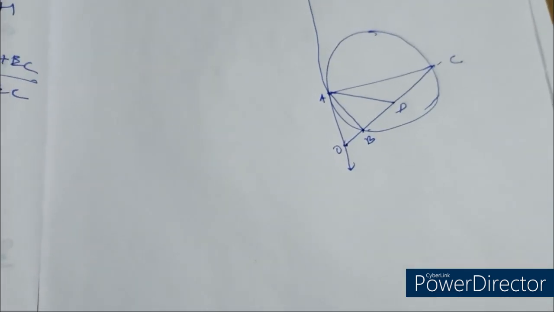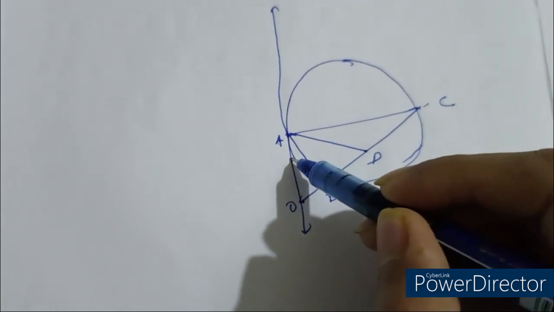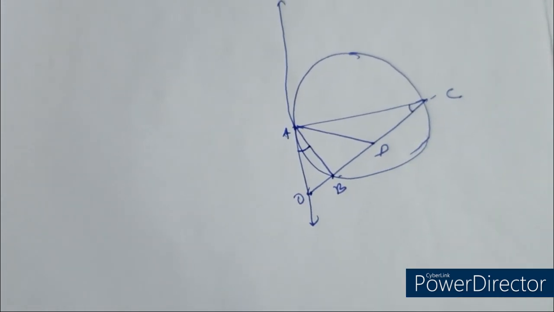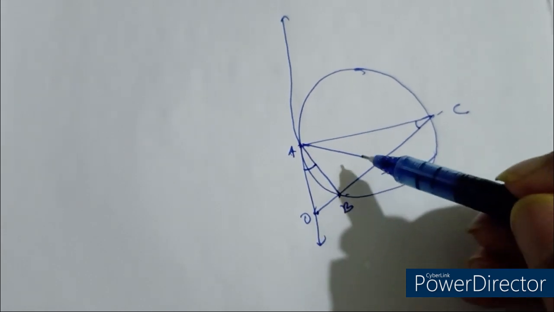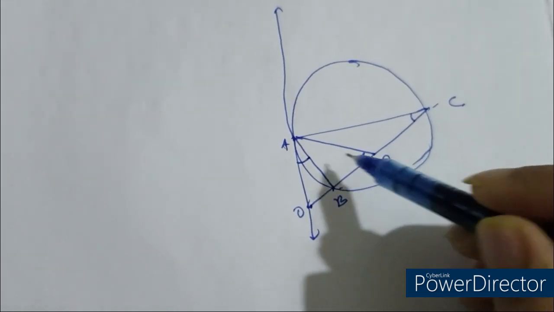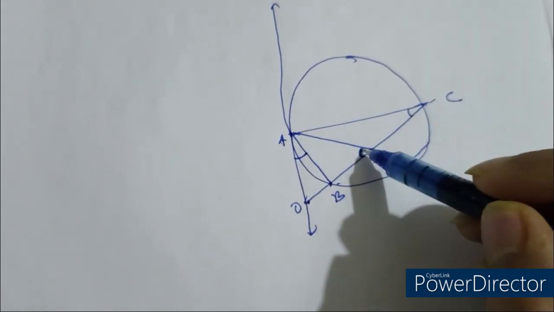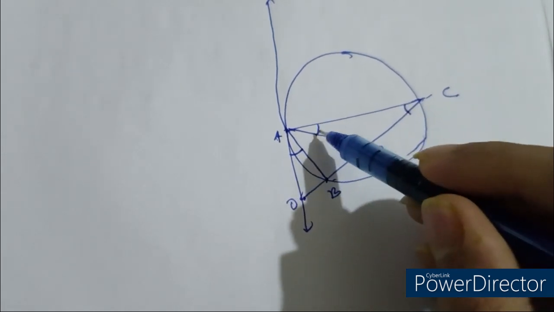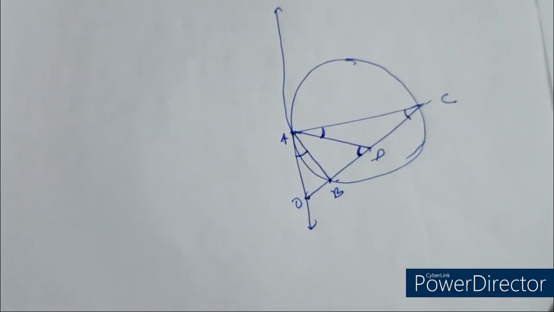I have to prove. So now in here you see this angle will be equal to this one. Yes, angle in the alternate segment. Then you see this angle, this is exterior angle property for triangle ADC. This angle will be equal to this angle plus this angle. Yes, exterior angle property.